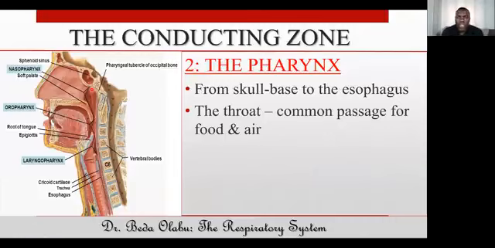Remember, the throat is a common passage for both food and air. And so it's a tricky zone basically, because food will pass here, air also passes through here. Usually, when food is passing, breathing is arrested so that you don't choke.